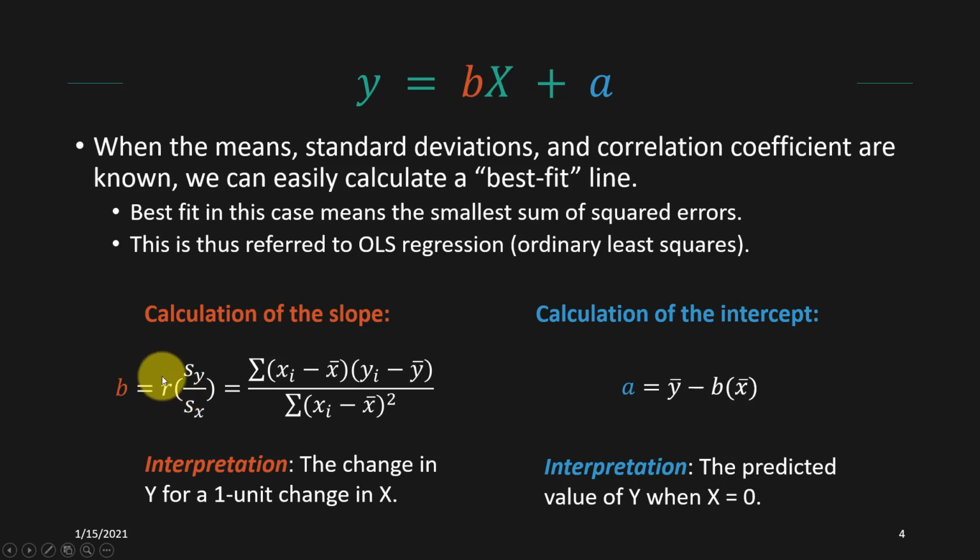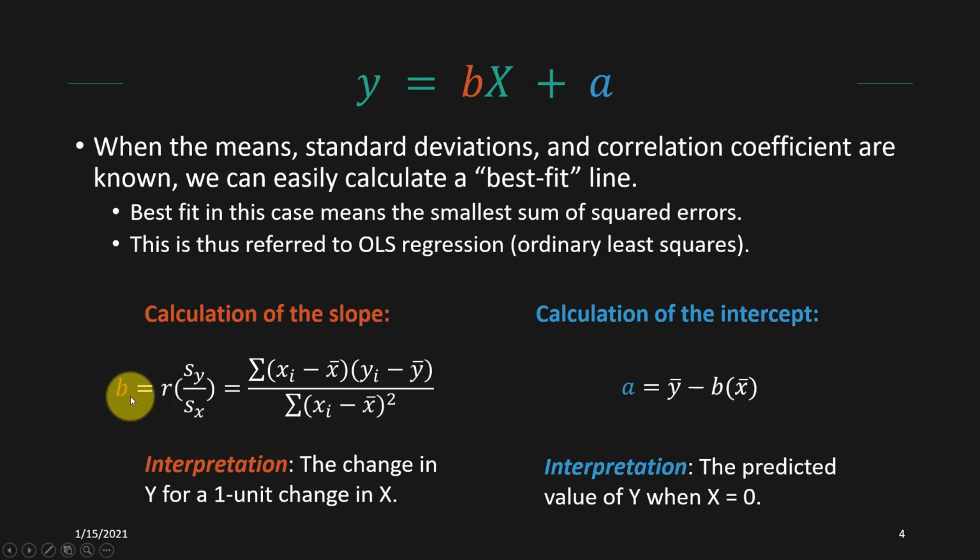But recall that this R value is related to the R squared, which is our measure of the variance explained. And the R value then is going to give us a slope that will give us the most variance in Y that's explained by X. So we're going to get into that in more detail in a subsequent video. But remember, in earlier videos, we talked about the mean will always give us the smallest sum of squared errors.